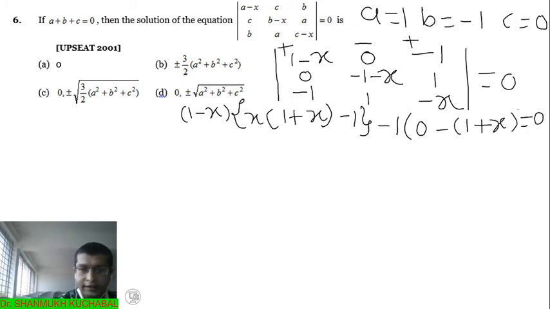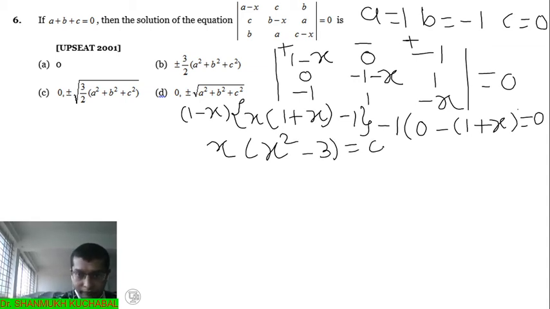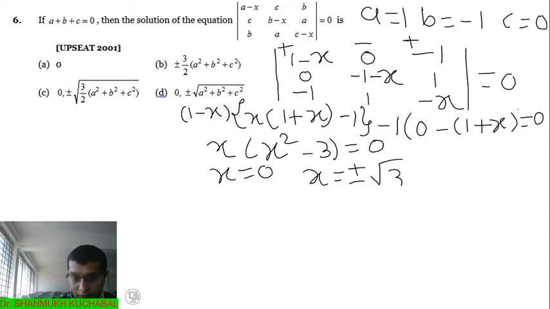Then if we simplify this, we get x into x square minus 3 equal to 0. So x equal to 0, and x equal to plus or minus root 3. There are 3 solutions, 0, a positive quantity and a negative quantity.